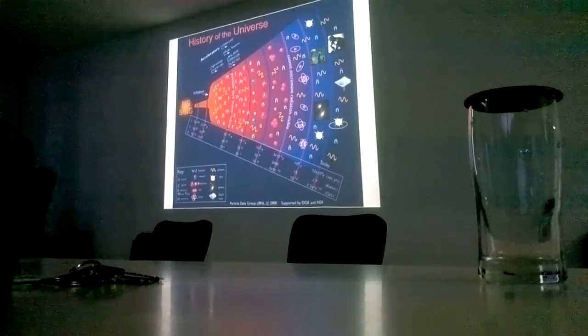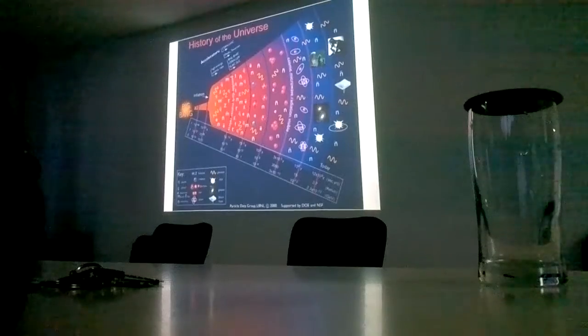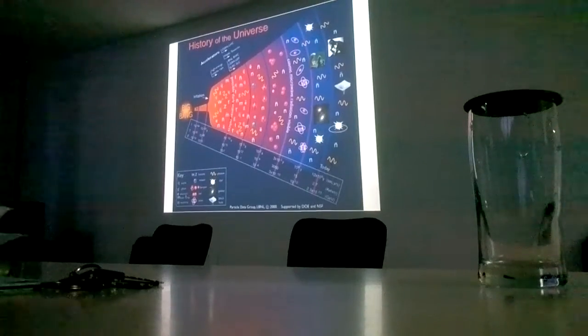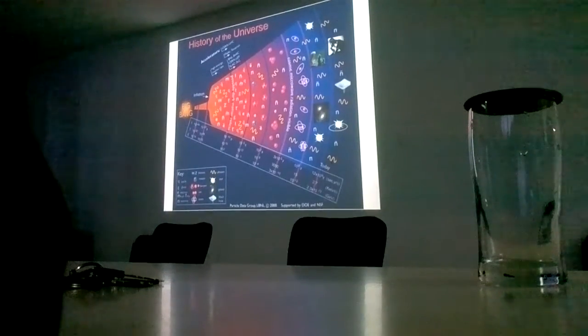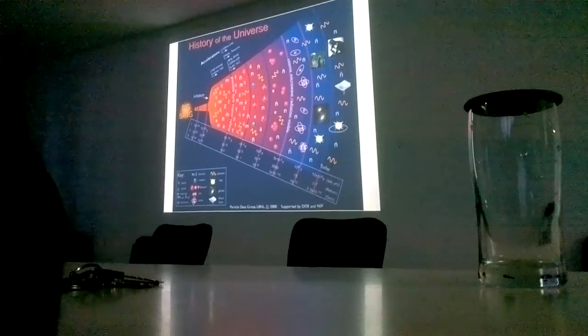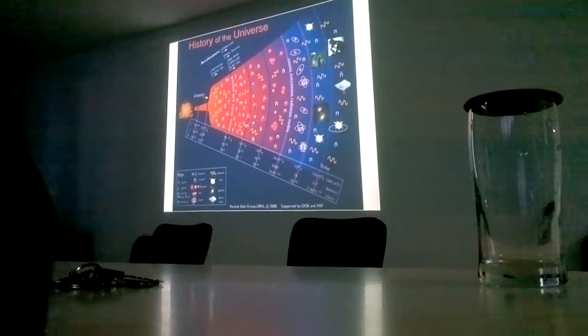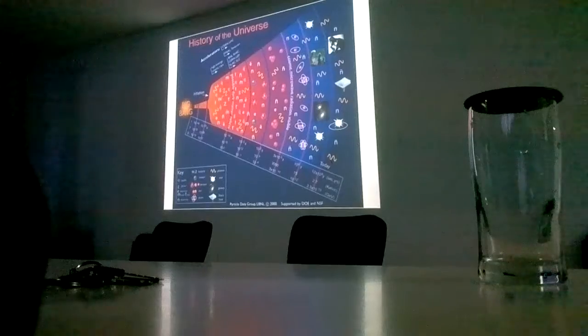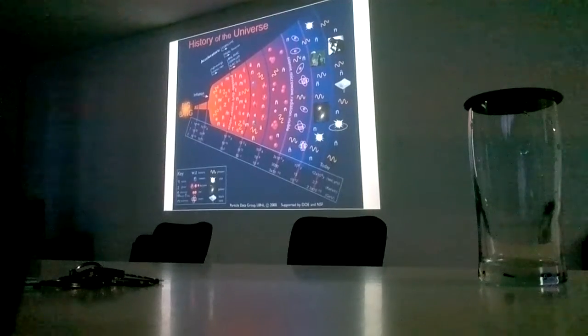And then what starts happening is that when the expansion happens, there is this diffusion of energy and the temperature starts falling. And when the temperature starts falling, there is some condensation of matter.